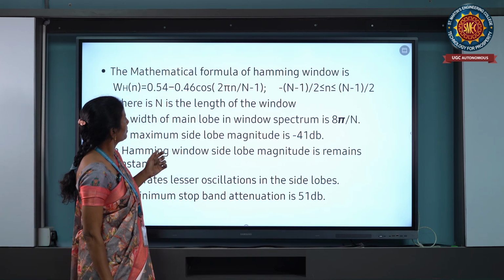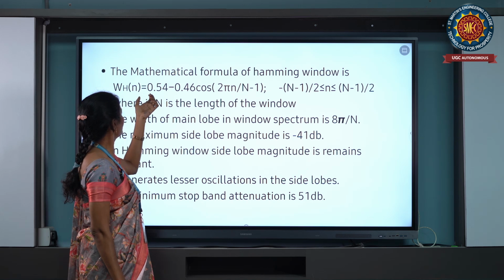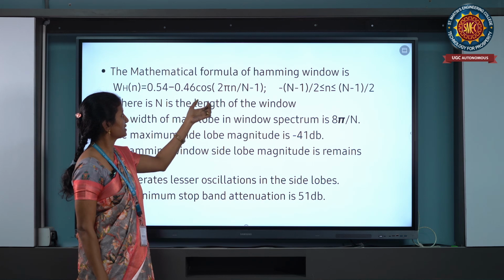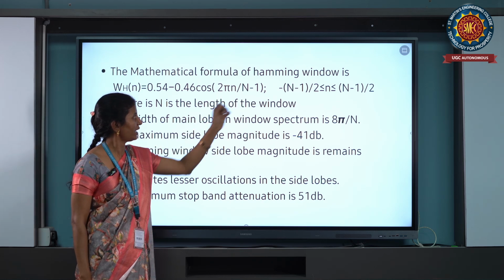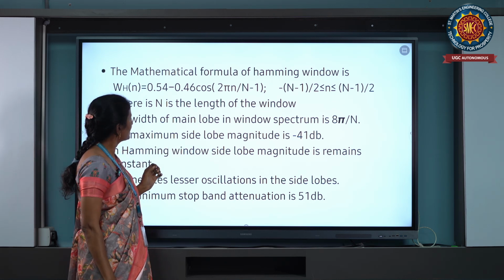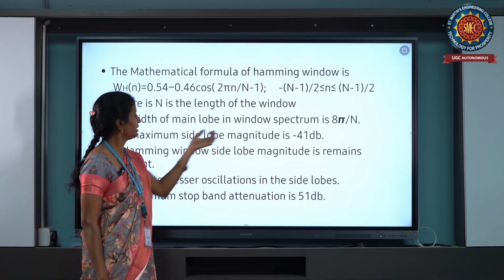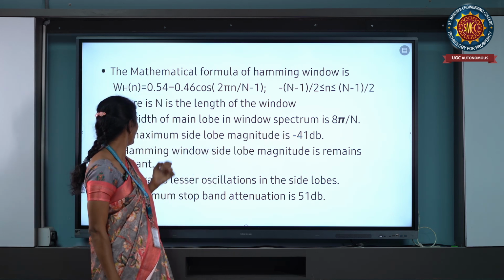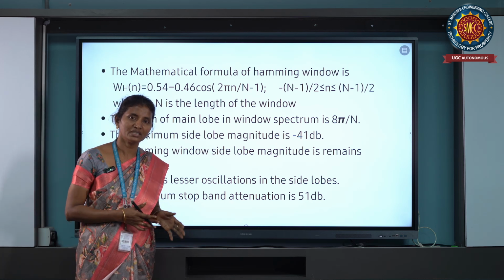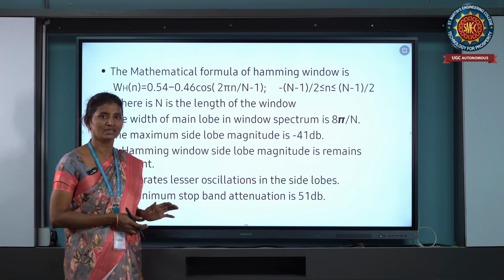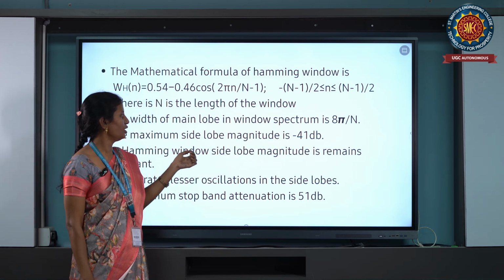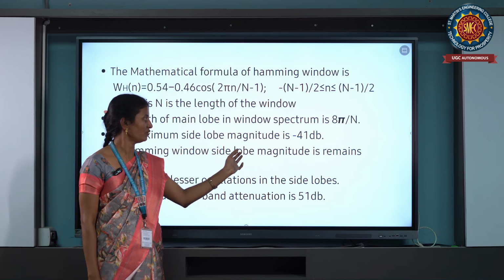The mathematical formula of the Hamming window is w_H(n) = 0.54 minus 0.46 cos(2 pi n by N minus 1), where capital N is the length of the window. The width of the main lobe of the frequency response of the Hamming window is 8 pi by N. The maximum side lobe magnitude is minus 41 dB.